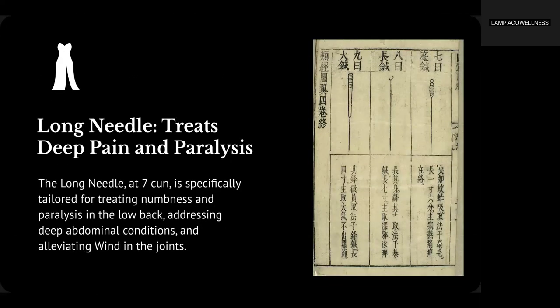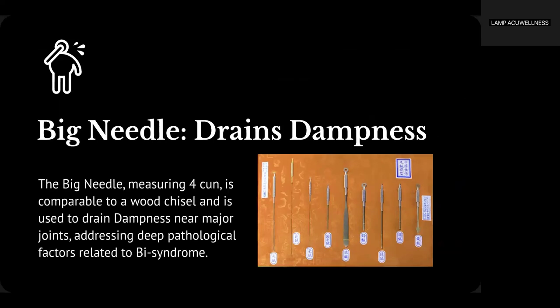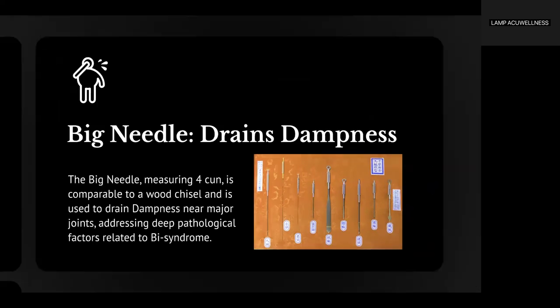The long needle at 7 tun is specifically tailored for treating numbness and paralysis in the low back, addressing deep abdominal conditions and alleviating wind in the joints. The big needle, measuring 4 tun, is comparable to a wood chisel and is used to drain dampness near major points, addressing deep pathological factors related to bi syndrome.